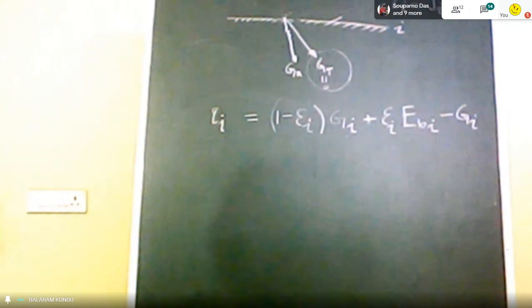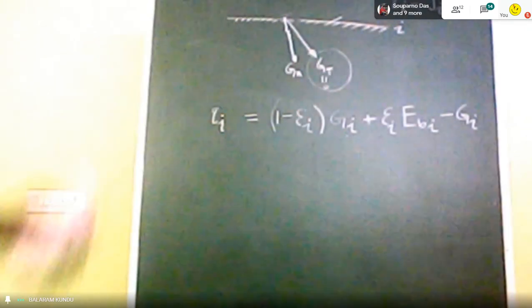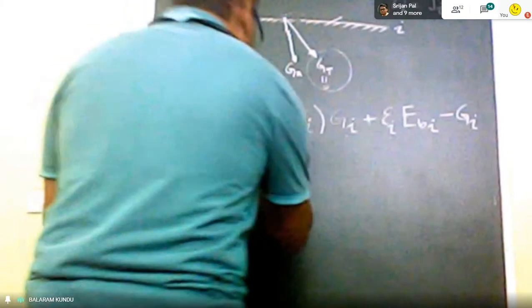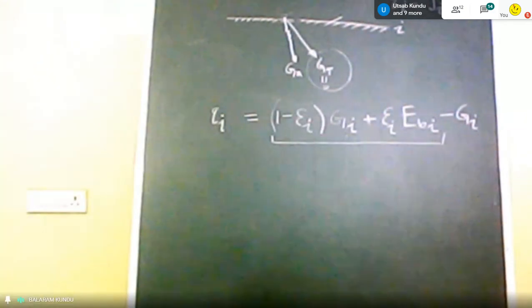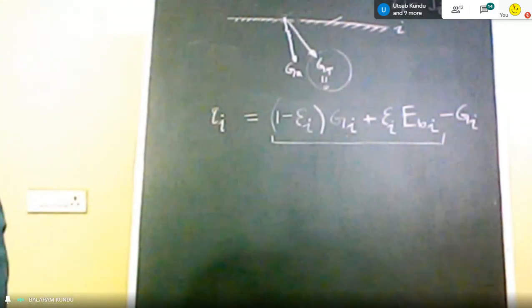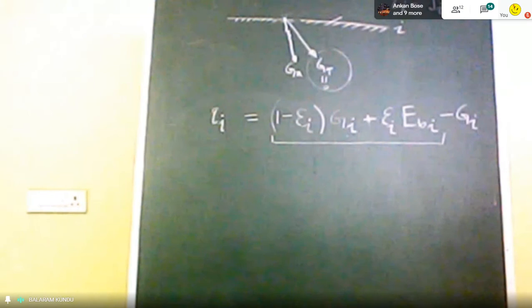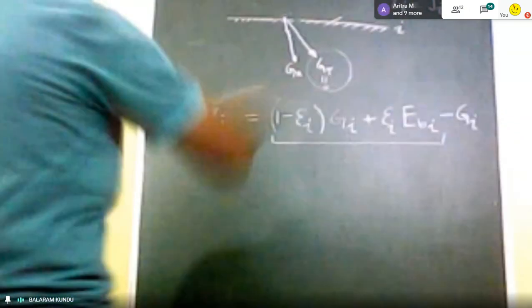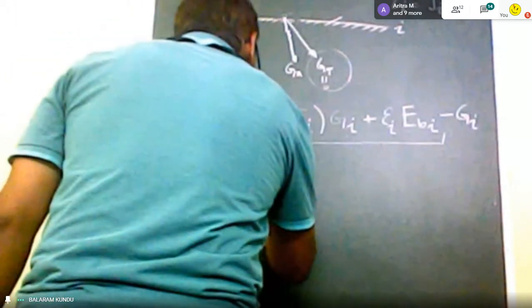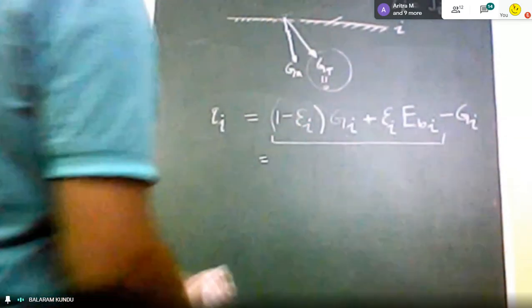Now, I think it will be better. This part is known as radiosity, that is Ji. So you just keep this term. It is not necessary to write this.